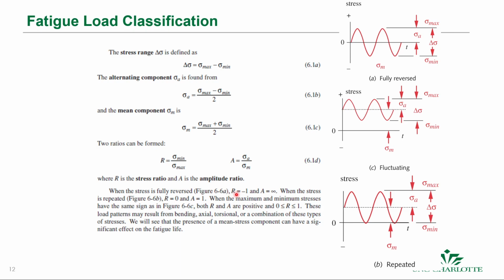So we have R of -1, and A is equal to infinity, because the mean stress in that case is 0. When the stress is repeated, in this case we have an amplitude ratio of 1 and a stress ratio of 0. If we have mean stress, it significantly affects the fatigue life of that component.